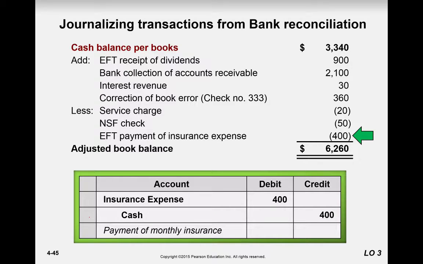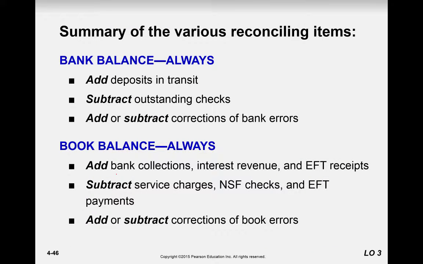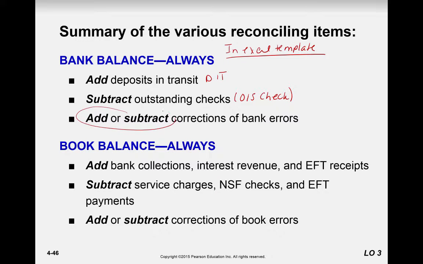So these are all the journal entries that you have to do from the book side to make sure that everything is correct. This is a great summary that you want to make sure you have in your Excel template, and you should see that from our previous example. So you always add deposits in transit, you subtract outstanding checks, and your bank error can be an add or subtract.